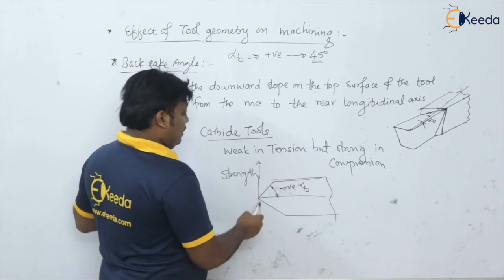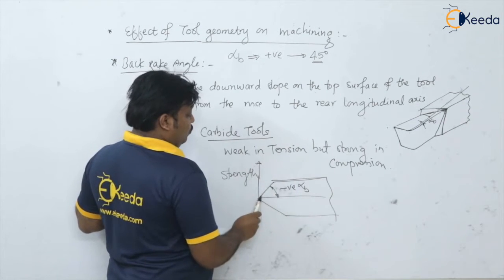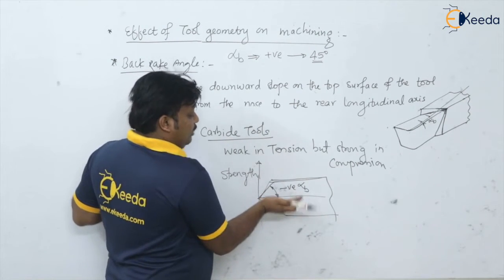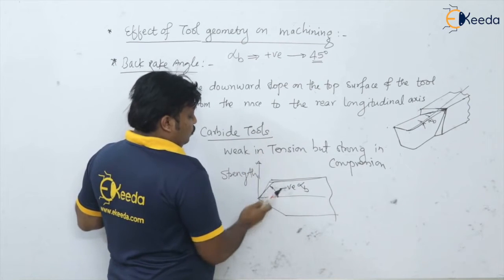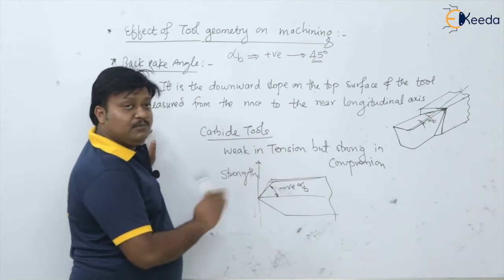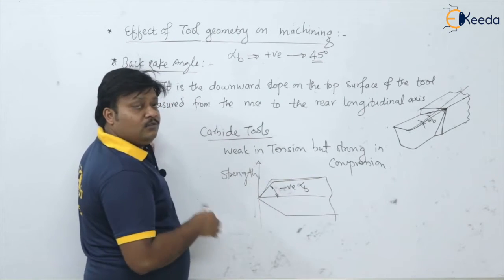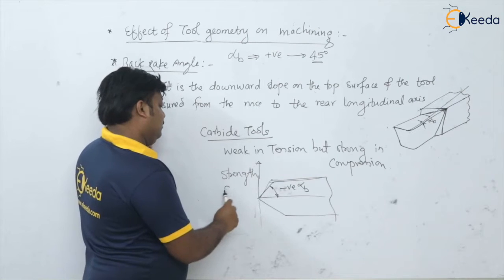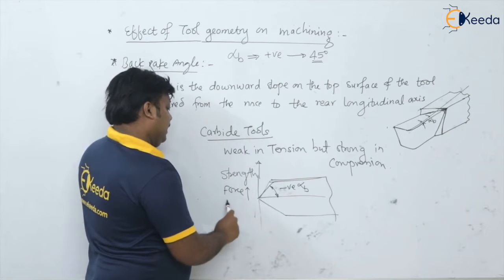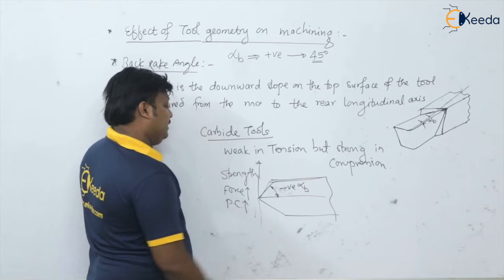Okay, but here the contact between the tool and workpiece, as you go on increasing the value of alpha b in the negative side, there will be maximum contact between the workpiece and tool. So the forces will go on increasing and power consumption will go on increasing.